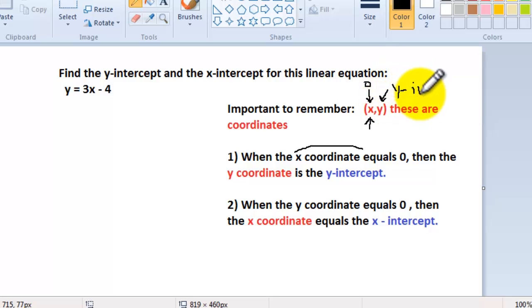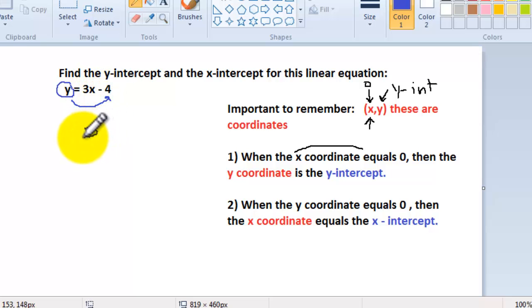What that means is, according to this equation here, this y value becomes the y-intercept when x is 0. And we could look at that.